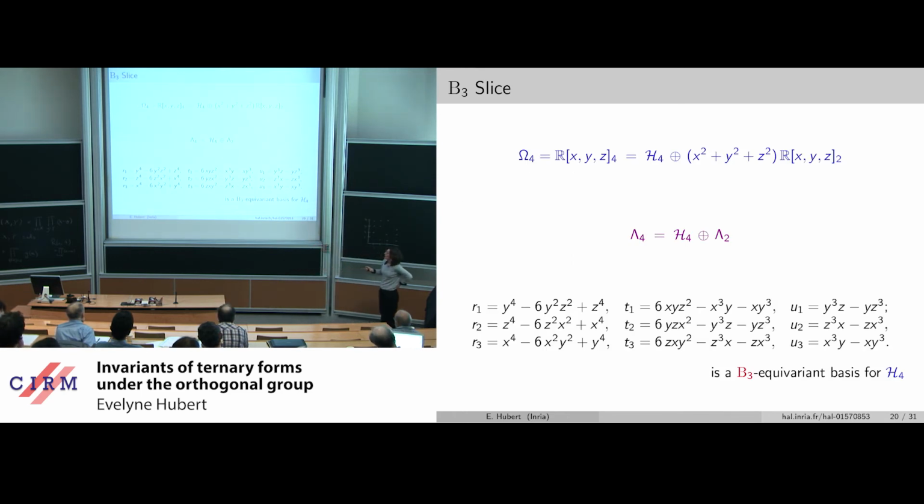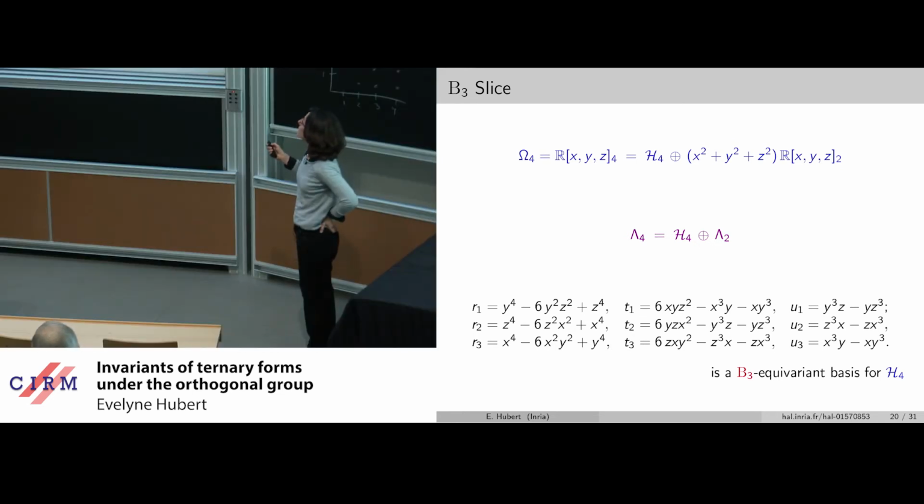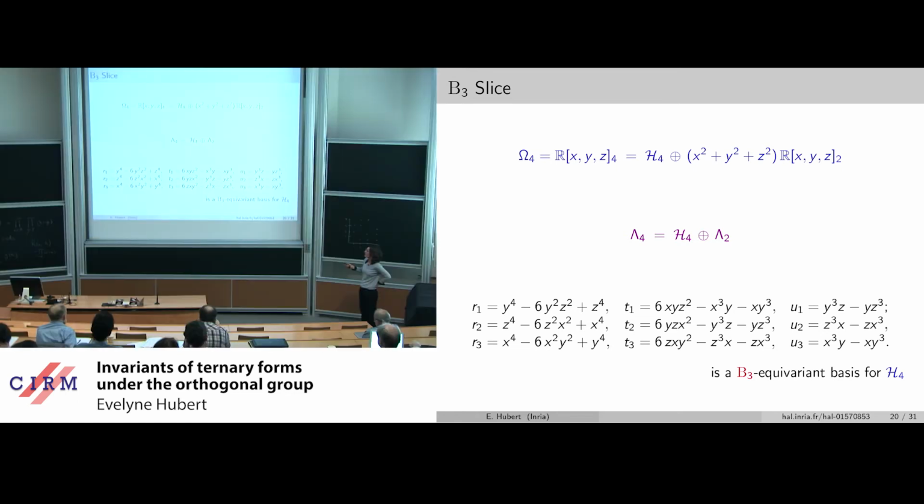So our big space, degree 4 polynomials, we saw can be split into the harmonic polynomials and the degree 2 polynomials. For degree 2 polynomials, we figured out the slice. This was the diagonal matrices, lambda 2. So now a slice for my bigger space is this lambda 4, where I'm just adding the harmonic polynomials. The way we're going to get invariants for B3 is by introducing the appropriate basis, a B3-friendly basis for H4.